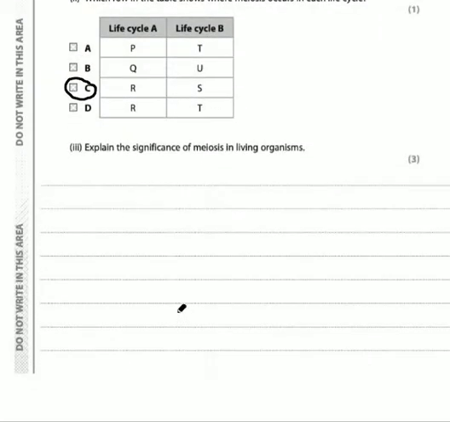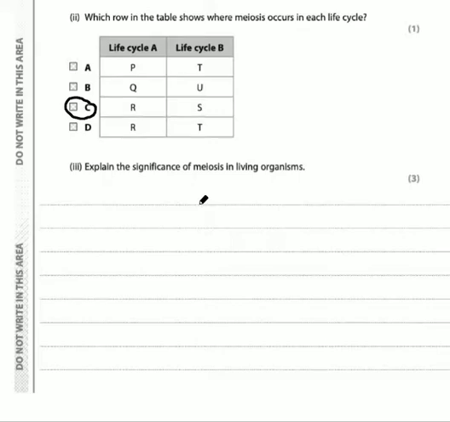Now, explain the significance of meiosis in living organisms. Once again, you would have come across this in your textbooks, and so whenever they say a question, explain the significance of meiosis or mitosis, those are nice questions to pick up easy marks on. And so actually, we have many points for this. We have it's a source of genetic variation because of a combination of two sets of genes from each parent. So we have genetic variation.